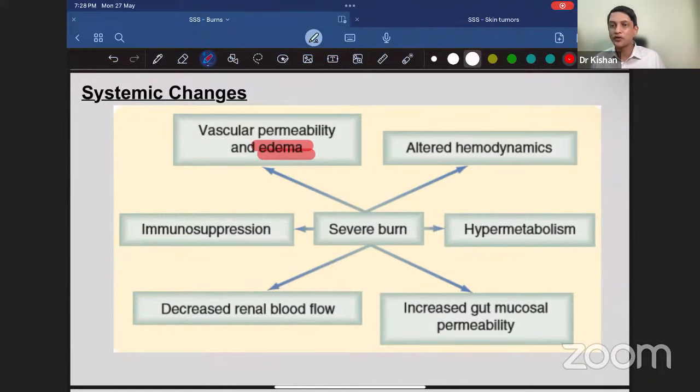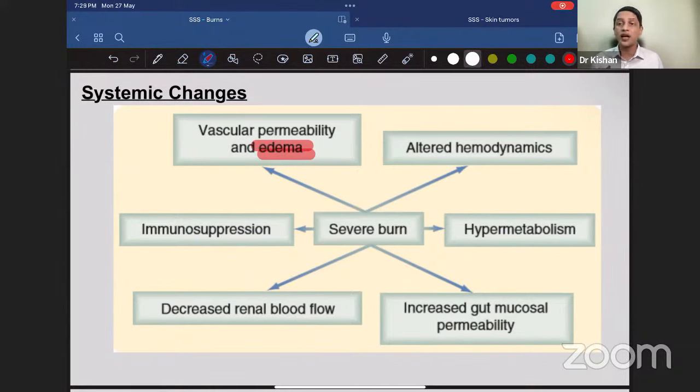Edema is the main problem because of the leaky capillaries and increased capillary permeability. That's the first change. You can write this point-wise; if you write a flow chart like this, it's self-explanatory. You need not write paragraphs. For a 10-marker question, one paragraph like this depicting the systemic changes is more than enough.